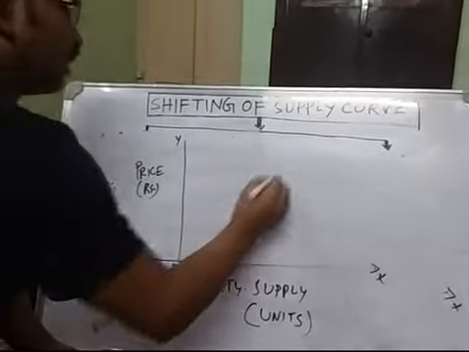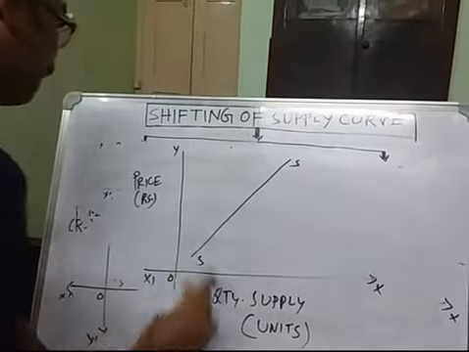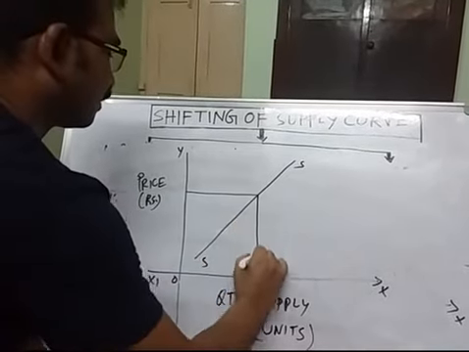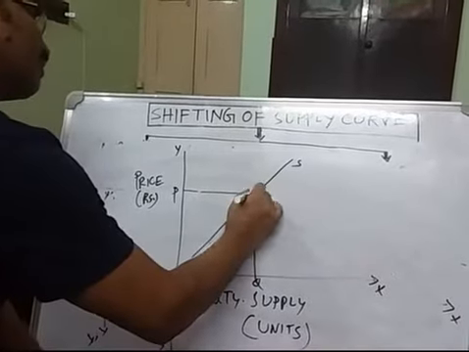Clear? You draw the supply curve S. When the price is OP, quantity supply is OQ at the point A.